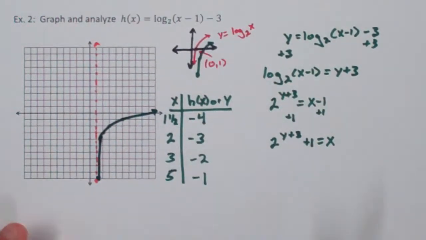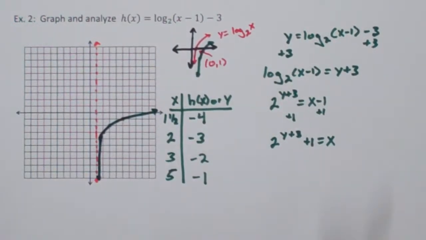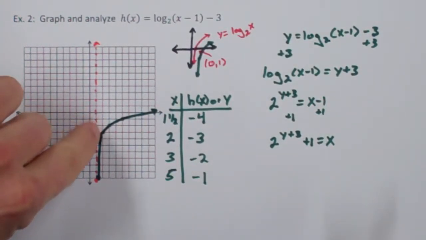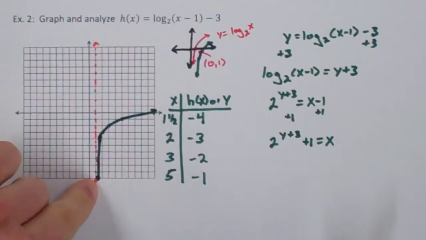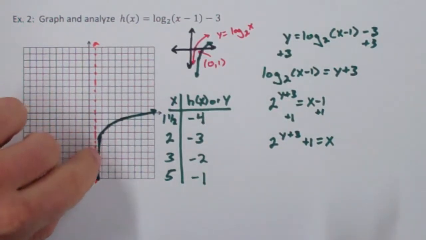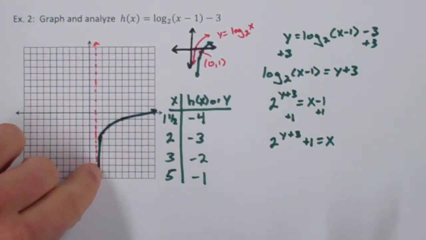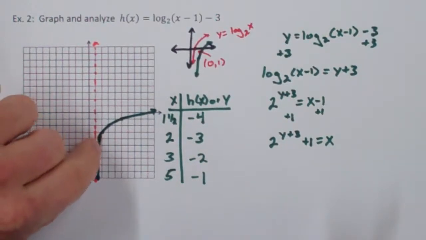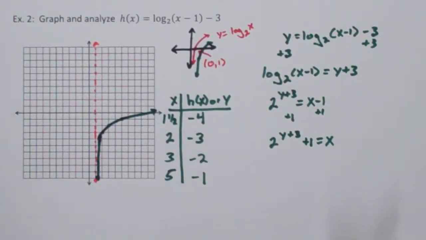Now, a word of caution, if you decide that you're going to check this in your calculator, some calculators will not graph this other part right here because they're pixelated. So the calculator doesn't know whether to fill in these little dots or pixels or not. And actually for logarithms, a lot of times it will choose to not fill these in even though the graph does exist here.